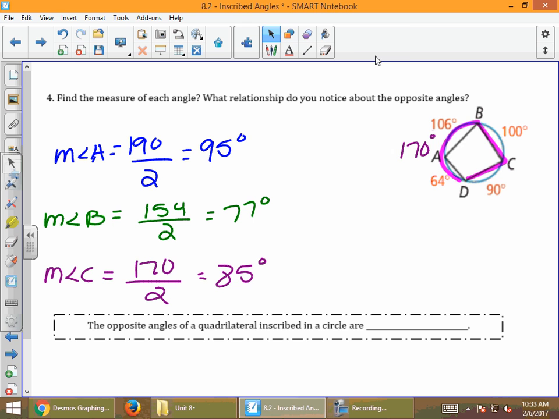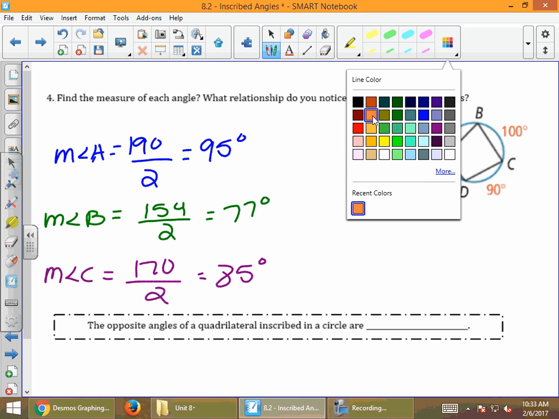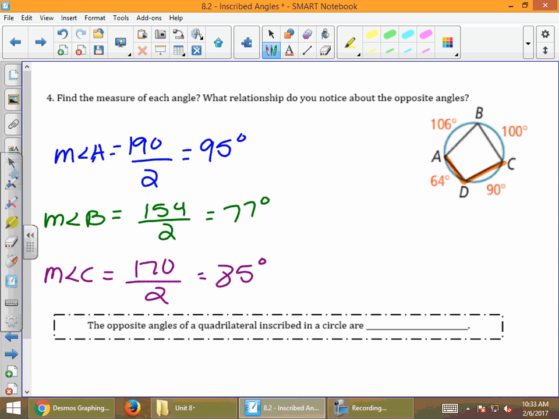Right? Repeat the same process for D. And we all should be frozen by this one now. We'll highlight the orange. Here's the angle we're trying to find. Angle's missing. Look at the arc. What's the measure of that arc? 206.